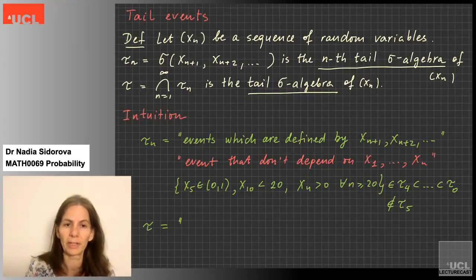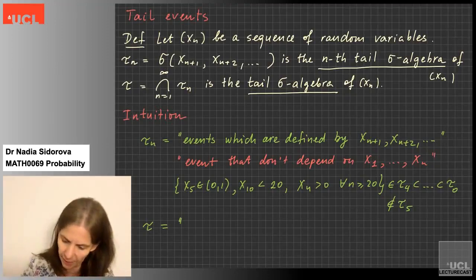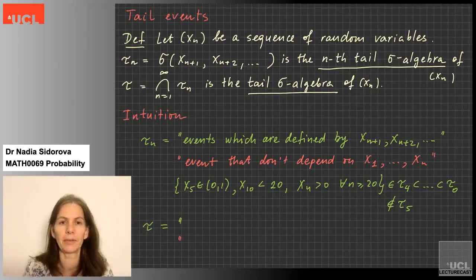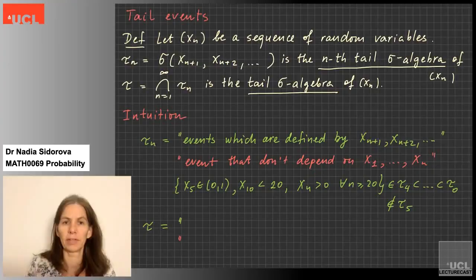So tau contains events which do not depend on any finite number of random variables xn.